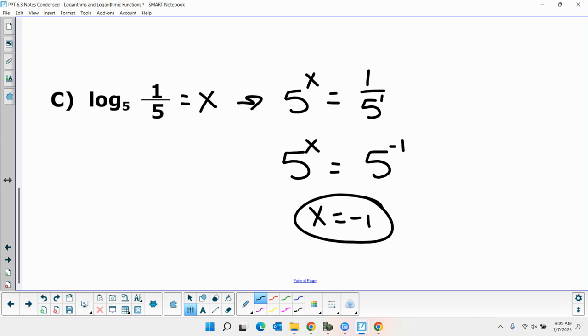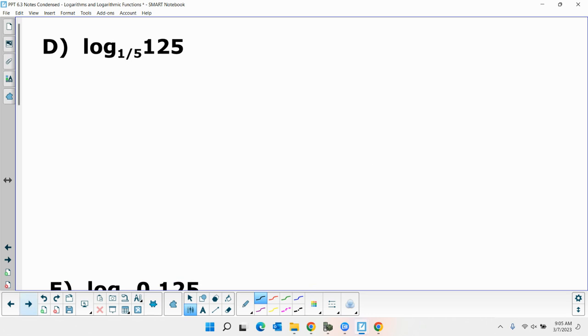So when you get into the fraction stuff, you got some negative exponents you got to think about. All right, again, we're going to write equals x. So this is 1/5 to the x power equals 125. Well, I want to get the same base for both of these. So what base should I use to get both of them the same? We've seen a lot of it already in our examples.